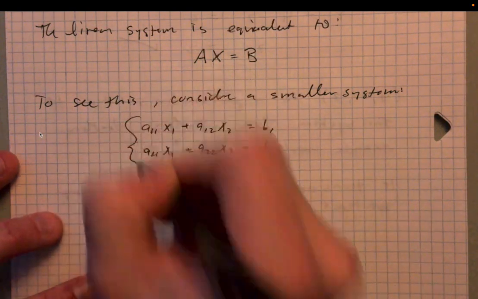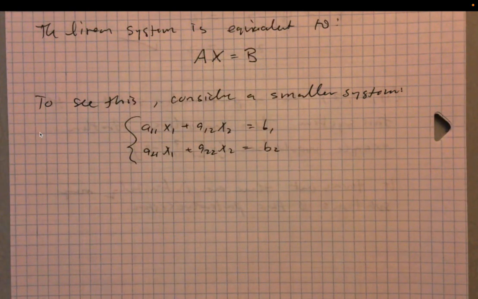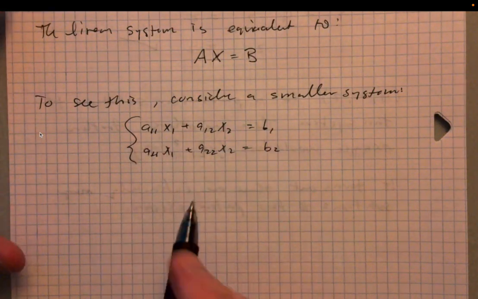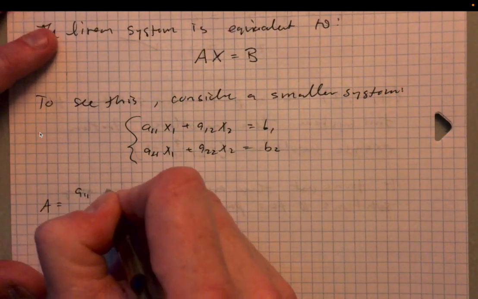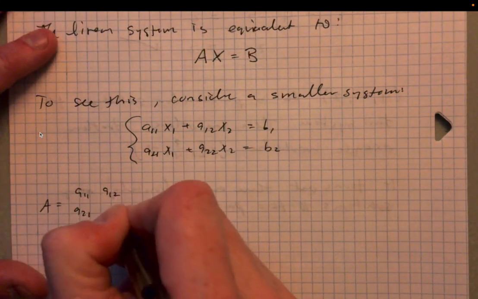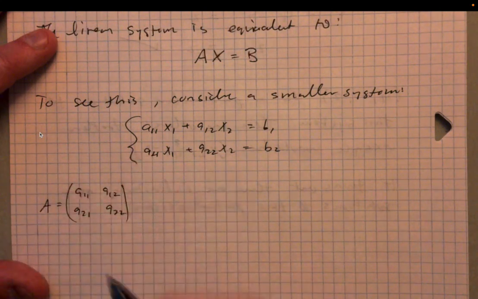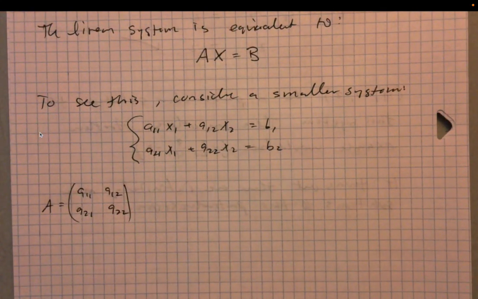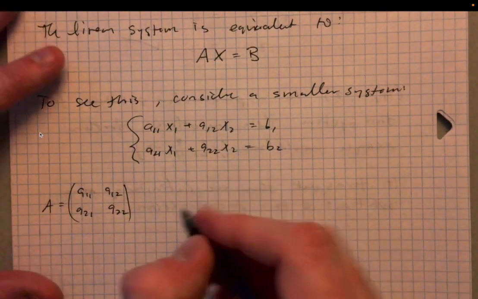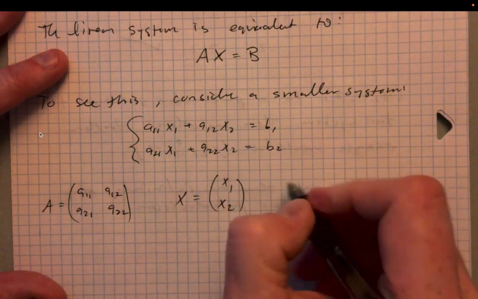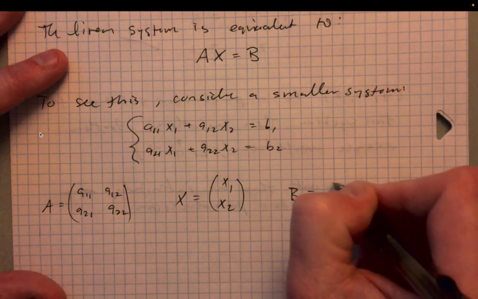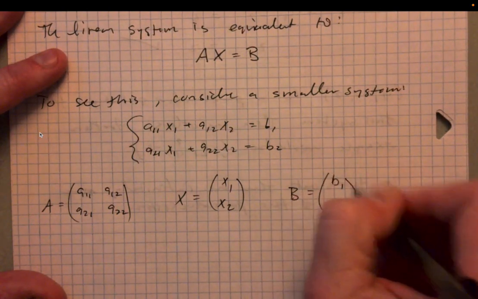So like a system of two linear equations in two variables. In this example, our coefficient matrix would be A11, A12, A21, A22. X here would just be x1, x2, and B would be b1, b2.